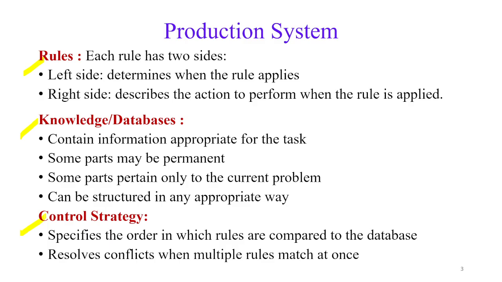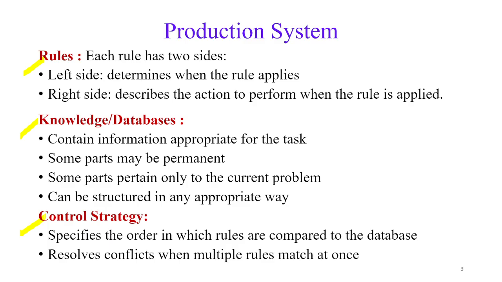Without a control strategy, even if you have a bag of rules, you might not know which rule to apply, or when to apply which rule. So the control strategy specifies the order for comparing the rules to the database: first you do this, second you do this. Generally, you can follow two approaches: the forward chaining approach or the backward chaining approach.